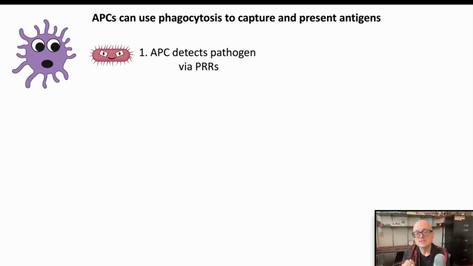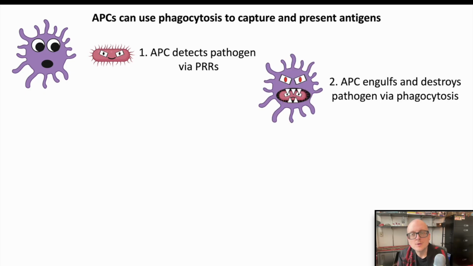The antigen-presenting cell sees some sort of pathogen and uses a pattern recognition receptor to detect a pathogen-associated molecular pattern, or PAMP, on the surface of that pathogen in order to know that there is a non-self entity in its presence. And often when that occurs, that innate immune cell is going to engulf and eat that pathogen through a process that we call phagocytosis, which maybe you've seen in the context of other courses.